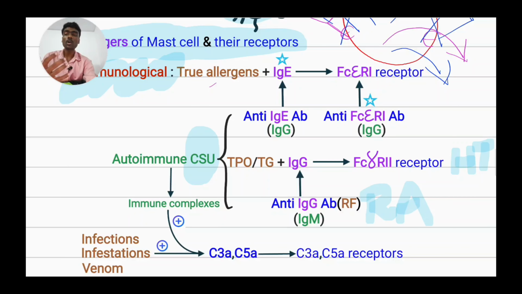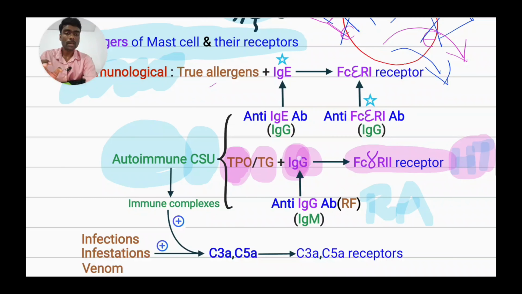We will see how these autoimmune diseases are linked with autoimmune urticaria. In Hashimoto's thyroiditis, our own body develops autoantibodies against thyroid peroxidase and thyroglobulin. The mast cell has a receptor for IgG antibody, that is G for gamma, the Fc gamma R2 receptor.